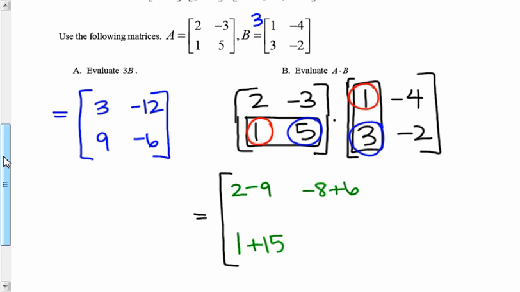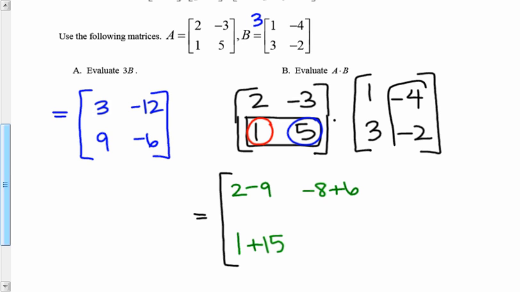Okay. My very last position, I'm going to stick with that second row in my first matrix, but I'm moving on to the second column in my second matrix. Moving on to this one right here. The only pair we haven't multiplied yet. 1 times -4, I'm adding that to 5 times -2.